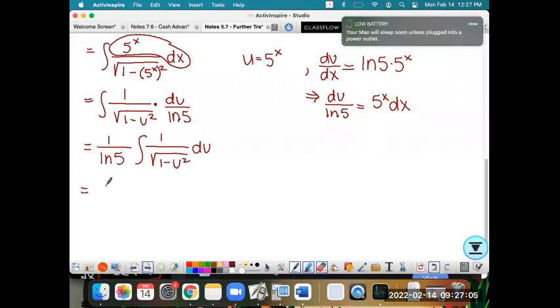And we get 1 over ln of 5 times sine inverse of u plus c. And remember, you could also write negative cosine inverse of u, and that would be okay.